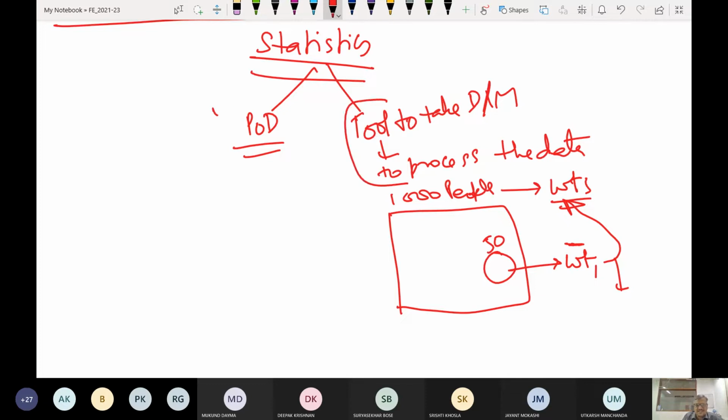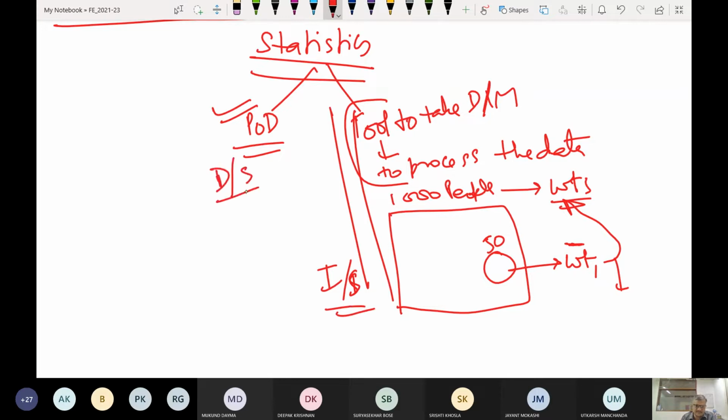So statistics can be plain, simple presentation of data, and this is also called statistics, descriptive statistics. When we process the data, one example I have given you, using a sample to draw inferences about the population, we call inferential statistics.